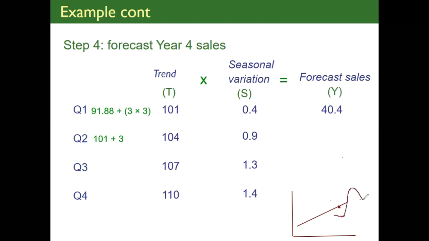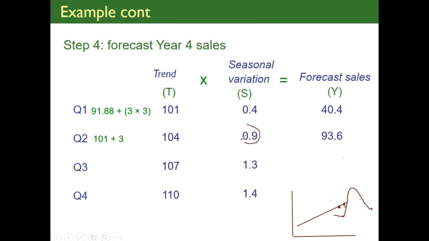In quarter 2, the trend is 104, your seasonal variations are 0.9, and therefore the actual value, the forecast value, would be 93. So we can say that this is somewhere quarter number 2, where trend is a little bit higher, actual sales are a little bit closer because they are 90%.